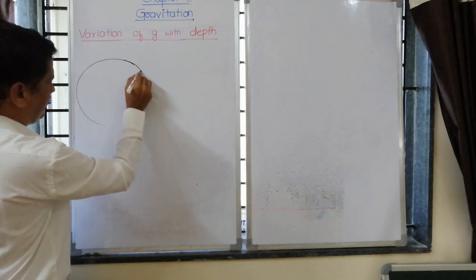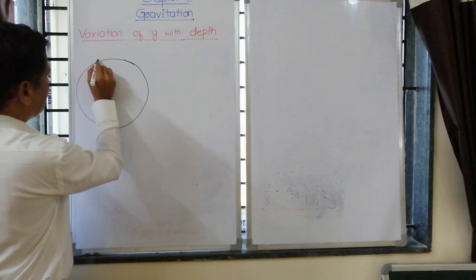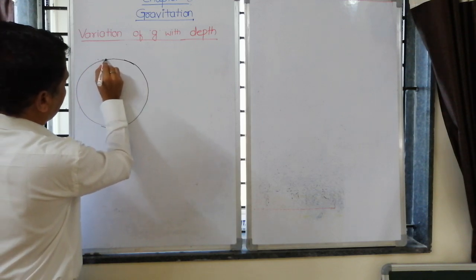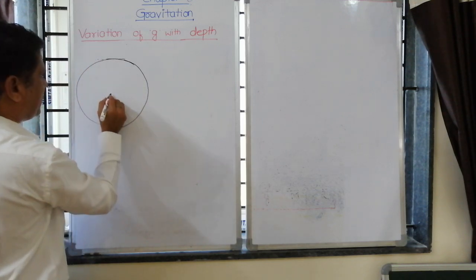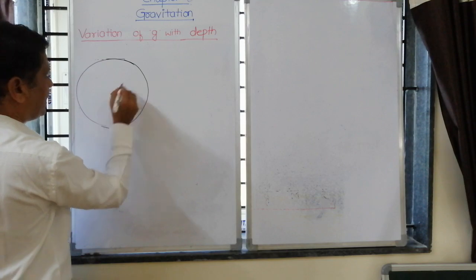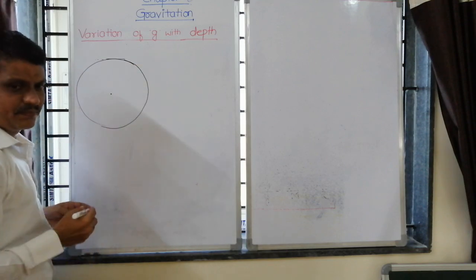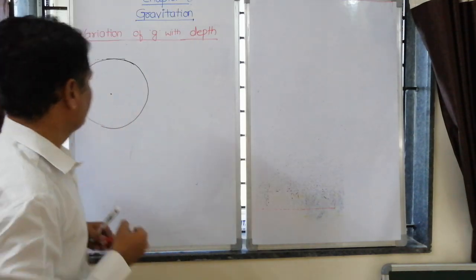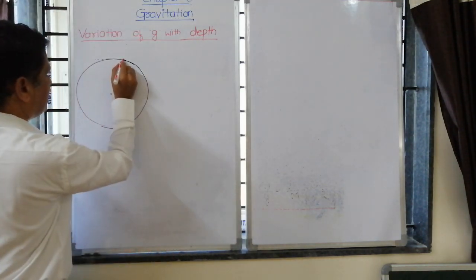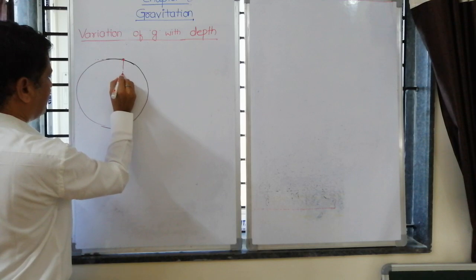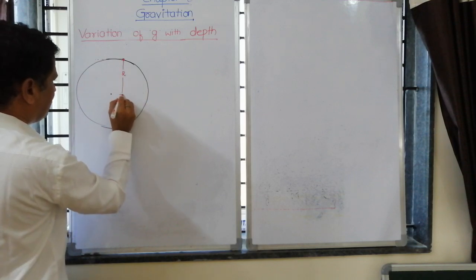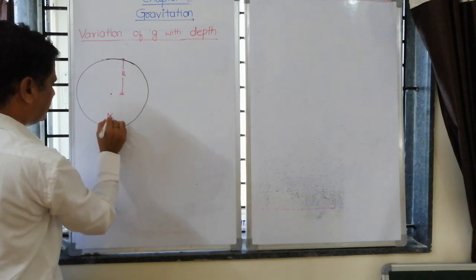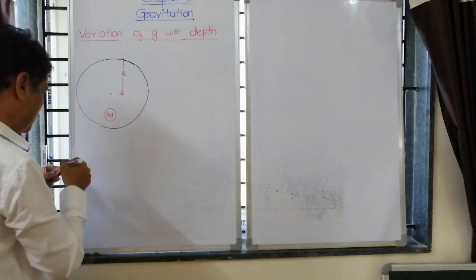See, consider it is the earth or any planet of mass m and radius r. This is the radius r and the mass of the earth, or planet, is m.